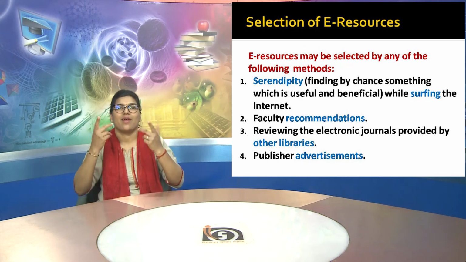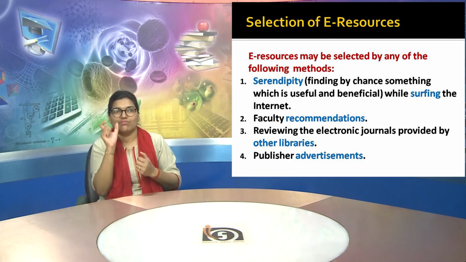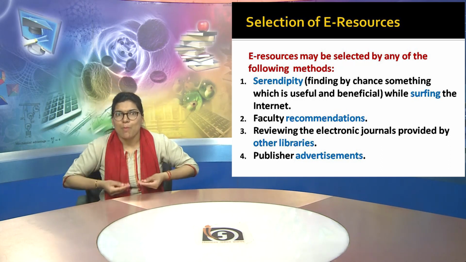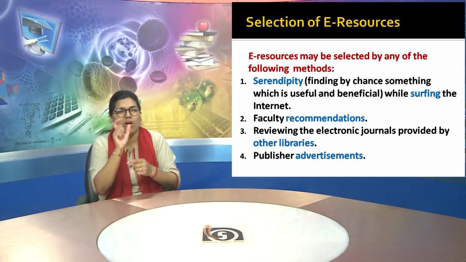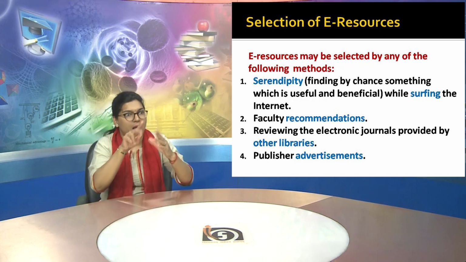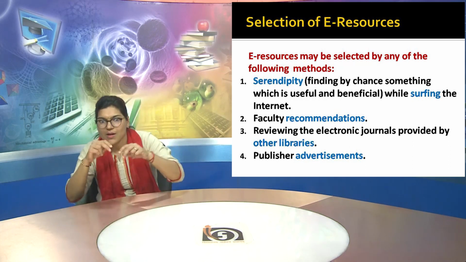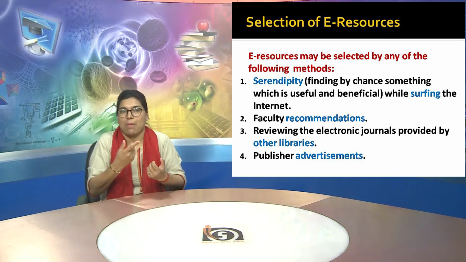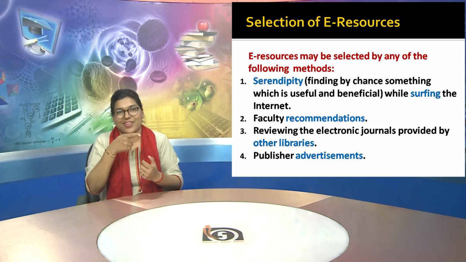It means finding by chance something which is useful and beneficial, which happens when we are sitting on the internet and surfing the net, and just by chance we happen to see any content which is useful for us. So we call that as serendipity.